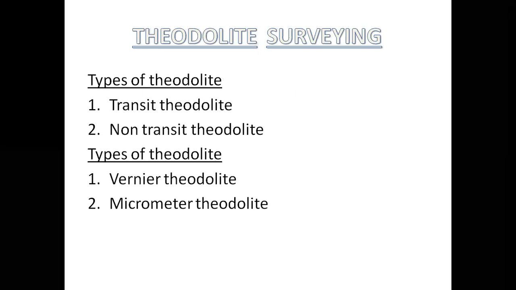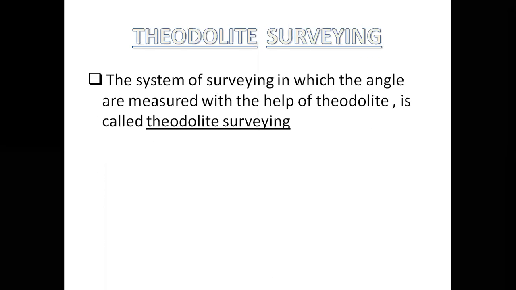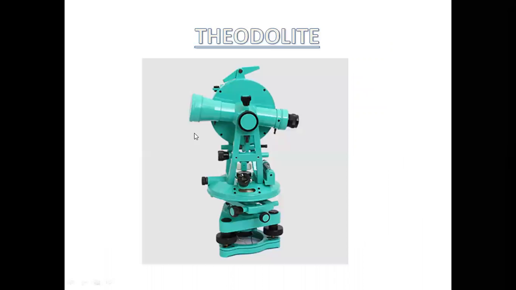Okay. Now, what are the types of theodolite? Theodolite has two types according to the transiting and non-transiting of the instrument. Suppose this is the instrument, this is the telescope. If this telescope revolves, this is the horizontal angle, this is the horizontal axis, and this is the vertical axis.